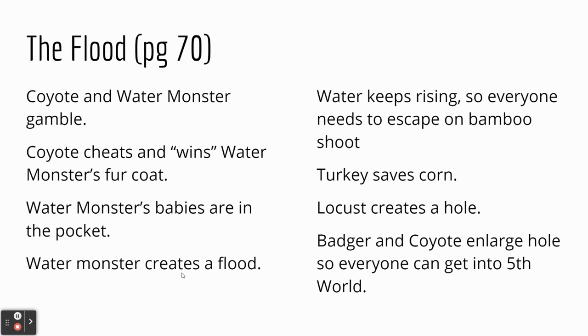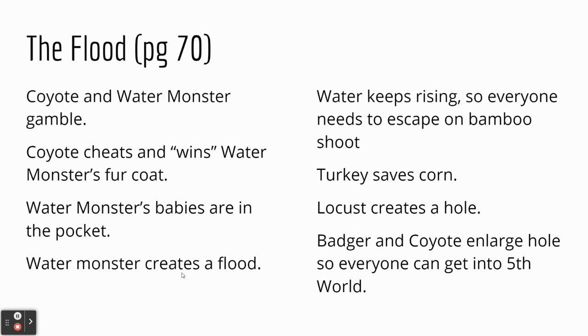The Navajo story about the flood has Coyote and Water Monster gambling. Coyote cheats, and as he cheats, he wins Water Monster's fur coat. What Coyote doesn't know, and what Water Monster apparently forgot, is that Water Monster's babies are in the pocket of the fur coat. Water Monster asks for the babies, or the coat, to be returned.